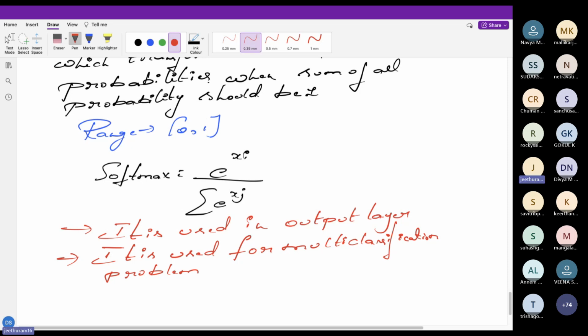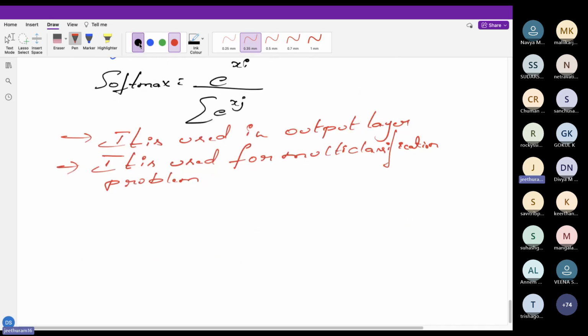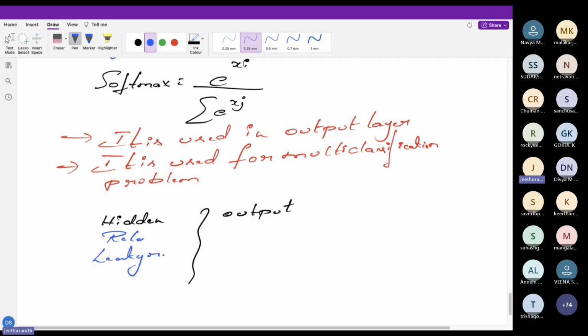So this is related to activation functions. I hope you got it. Two things: what is used in the hidden layer, and what is used in the output layer? ReLU, leaky ReLU, ELU, tanh are used in hidden layers.